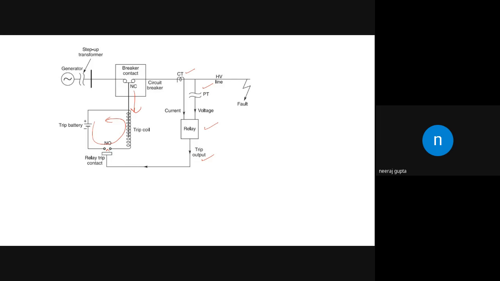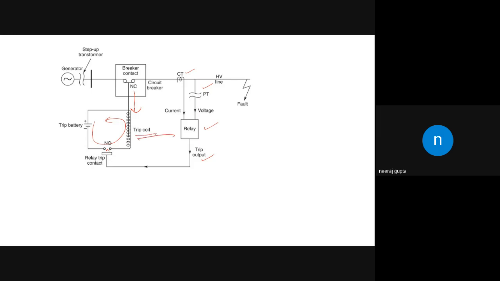The circuit breaker is held in the closed position by the force of the spring, and the energy is stored in the spring during the closing operation. When we want to trip the circuit breaker, it is necessary to release that latch either manually or by energizing the trip coil of the circuit breaker.